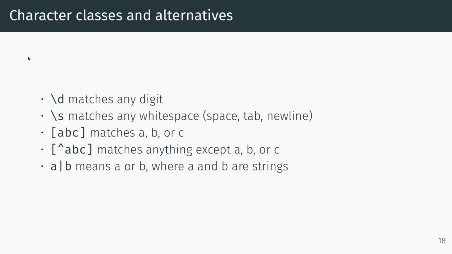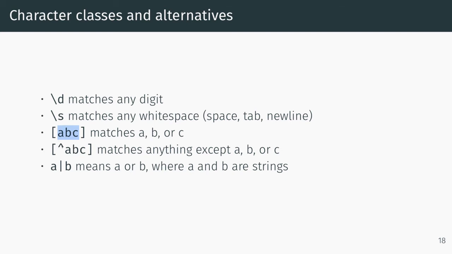Character classes and alternatives. In addition to matching explicit characters, so string literals, we can match various character classes. So we can match digits, we can match white space, we can match alternatives. These represent any single character, A, B, or C, not a combination of those characters.